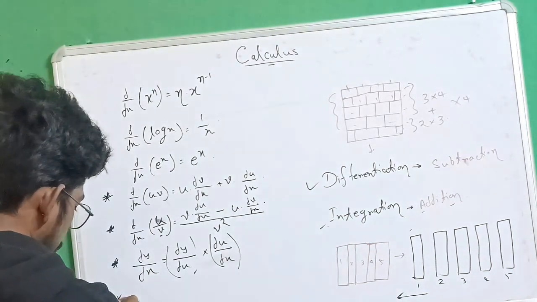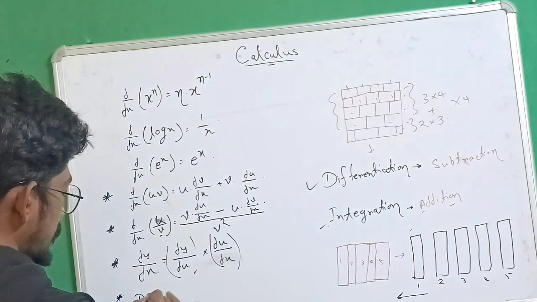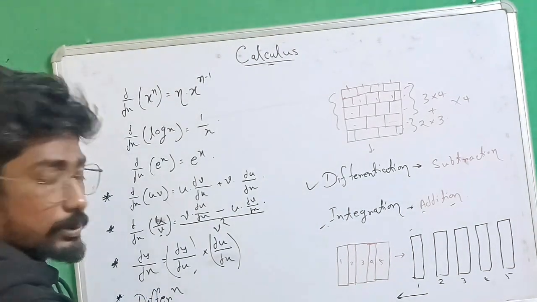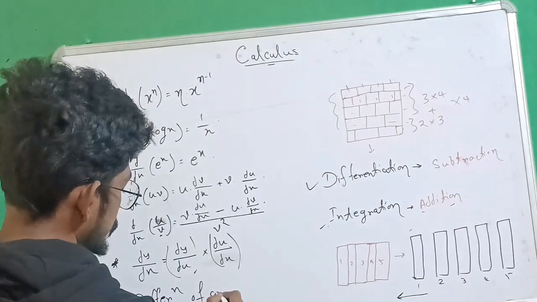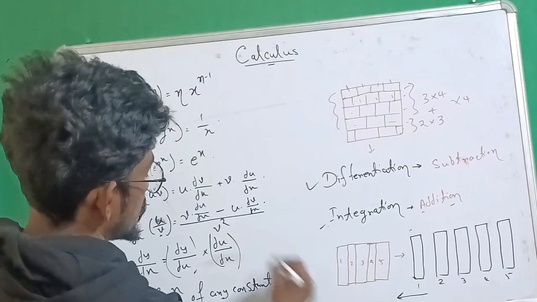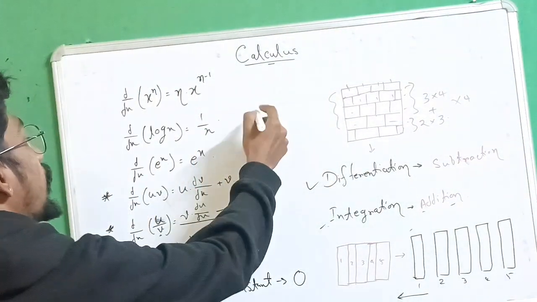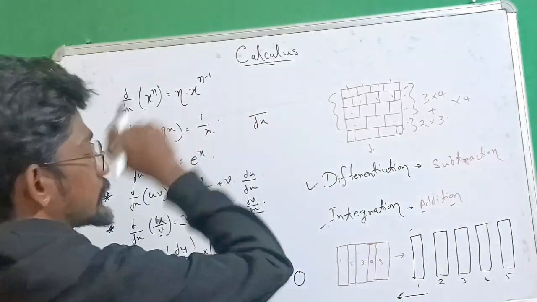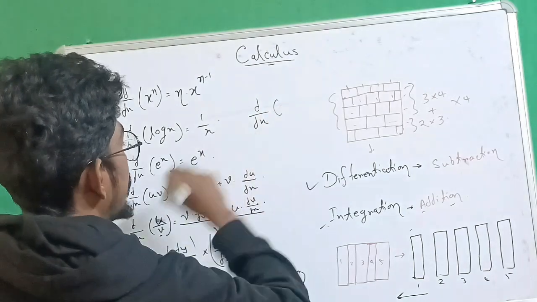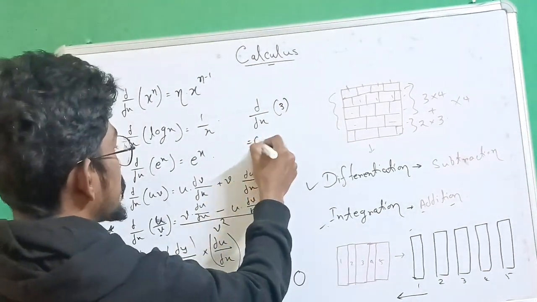Okay. Another important thing you have to remember is that the differentiation of any constant is always 0. What is a constant? If the operator is x and the number is not related to x, like 3, the differentiation will be 0.